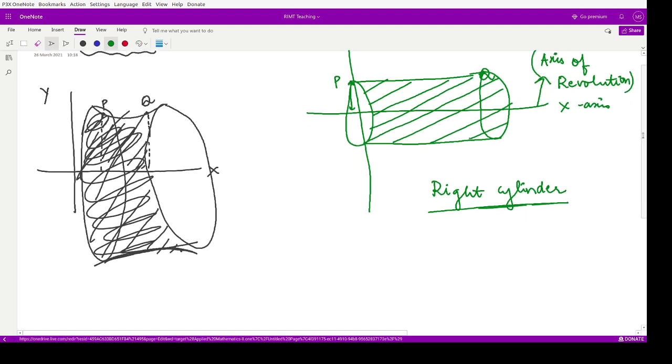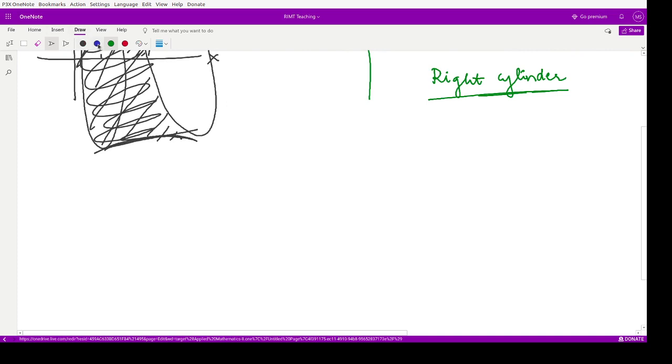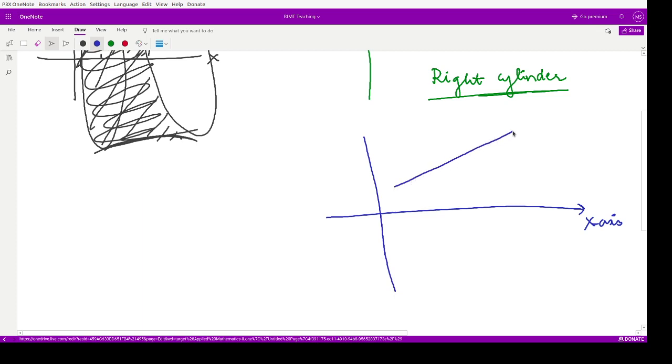Another case is whenever you have some line which is not parallel to the x-axis, say a line of this kind. When you rotate this line, what would you have? You would have some structure like this.